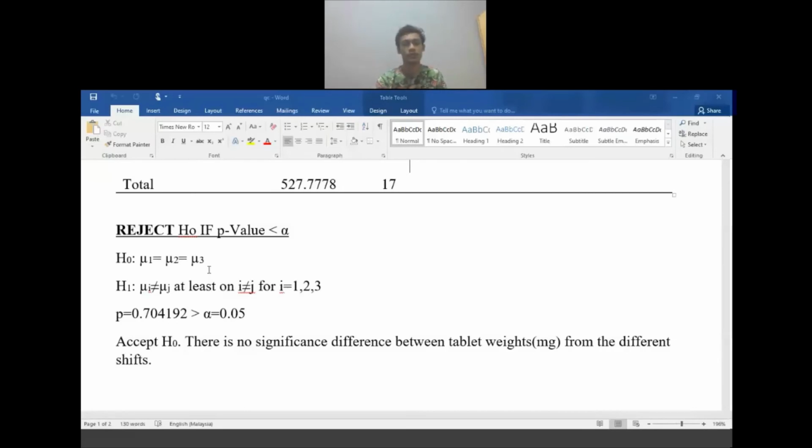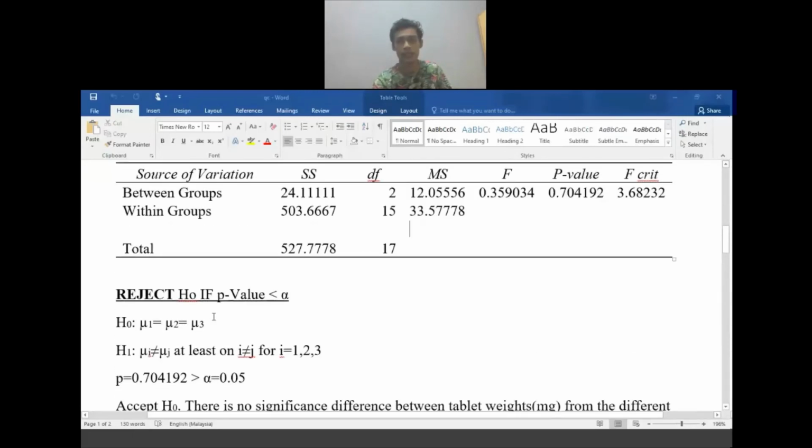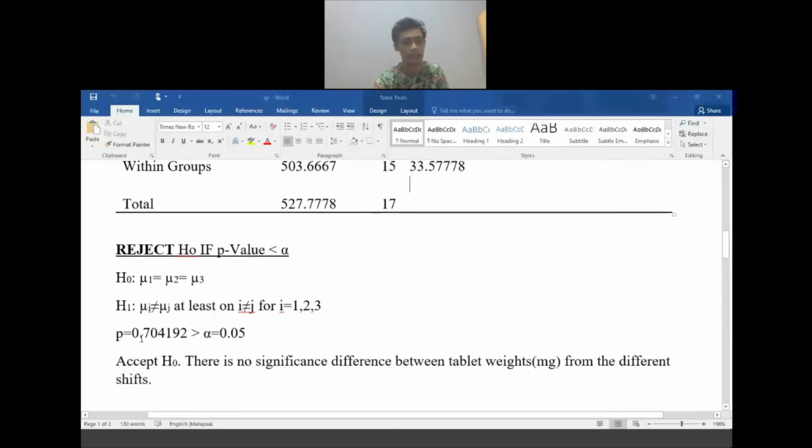For the H1, which is the contrast of H0, there is a difference. So we write mu i not equal to mu j, and the p-value that we get is 0.704192, and the alpha value is 0.05.